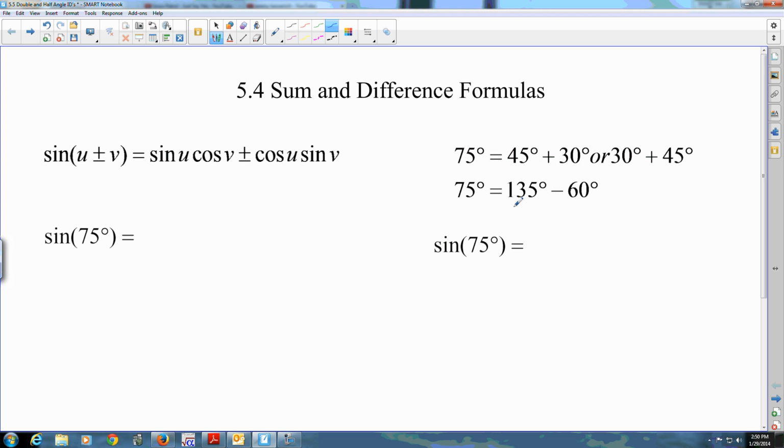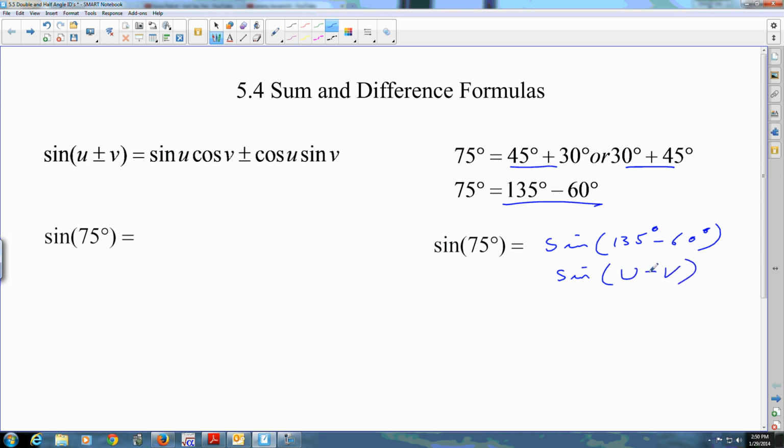Okay. So let me show you when it's this one, so you can see the other formula. If you think of that as sine of 135 minus 60, I realize that this is certainly going to be a more natural way to think of it. But on the off chance this is the one you think of, by all means, feel free to use it. So this is sine of u minus v.